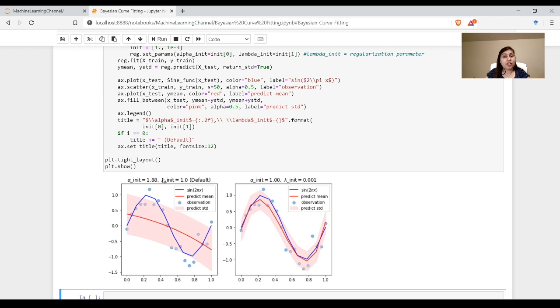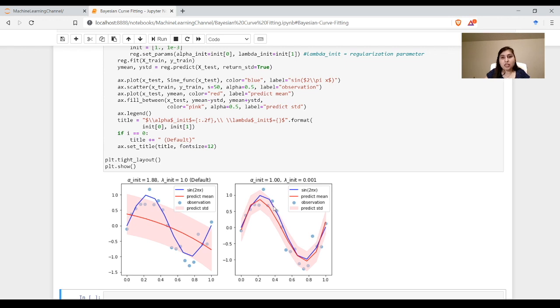But in this case, lambda is equal to 1, due to which the weights will be of very low value, because this is the regularization parameter, and if the lambda is very high, then w will be very small, due to which this is an example of an underfitting problem.